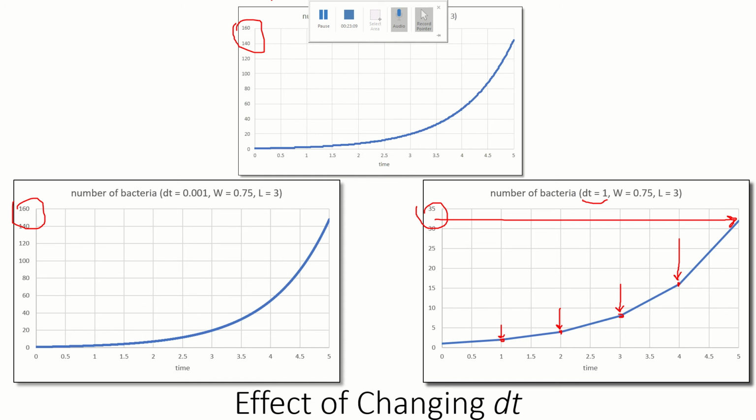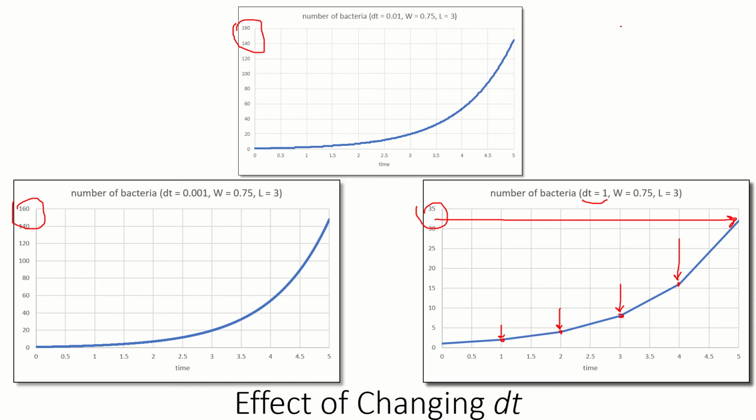So that's the idea: you have to choose your dt values to be much smaller than the time scale of your system. The fastest thing that happens in our system is the birth rate at 0.75 time units. Because the birth rate takes less than a second, it's really important not to try to simulate over the birth rate, because I'm going to miss a bunch of births.